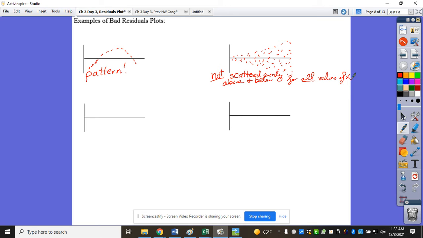When my x values were big, they were scattered a whole lot. So that's what this means as far as what we're looking for. But it should be scattered evenly above and below for all values of x. So these x values are not scattered much. As I get to here, they're scattered a whole lot. And that's the part you're actually checking.